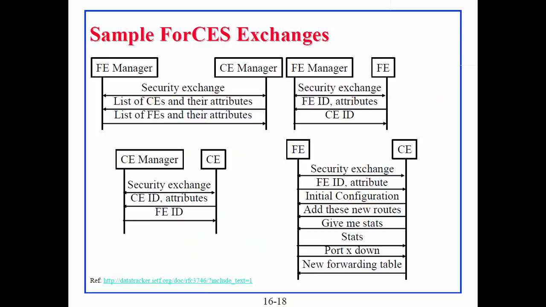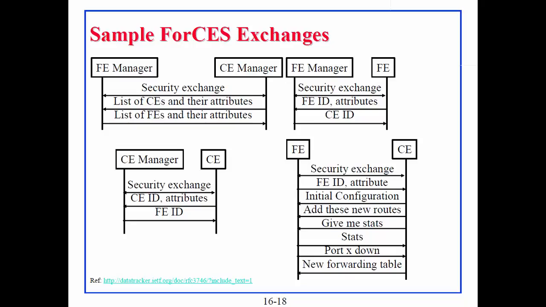So in order for all this to work, we start off with the forwarding element manager and the control element manager communicating with each other. This starts off first with a security exchange, so they're authenticated.